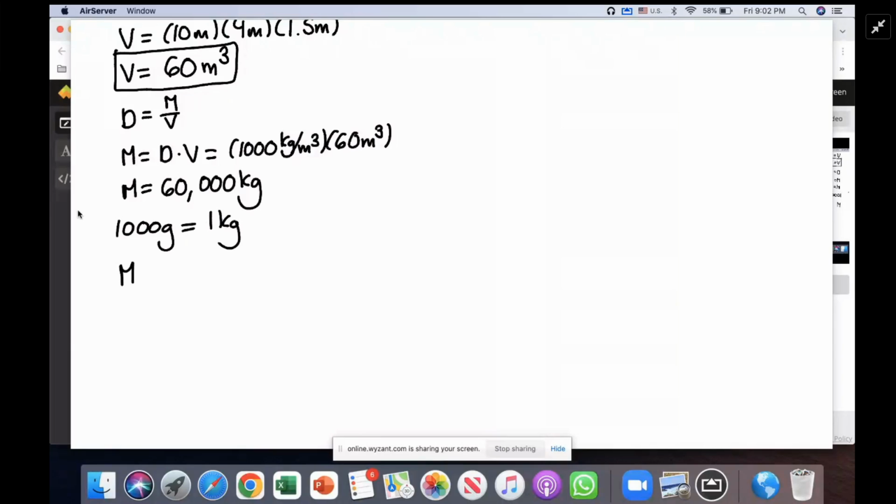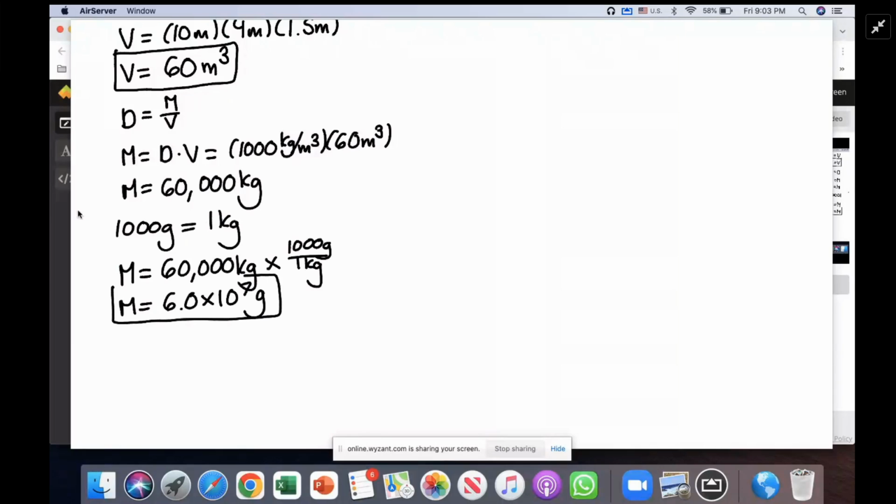I take my mass, 60,000 kilograms, and multiply it by 1,000 grams per kilogram. That gives me a grand total of 6.0 times 10 to the 7 grams. I put that in scientific notation because we're getting into lots of zeros and it's just more convenient that way.